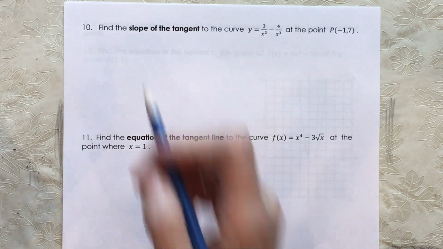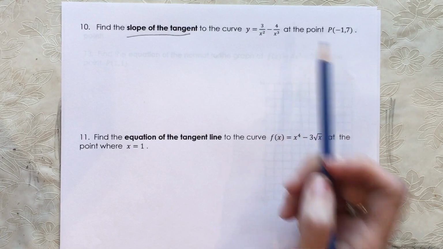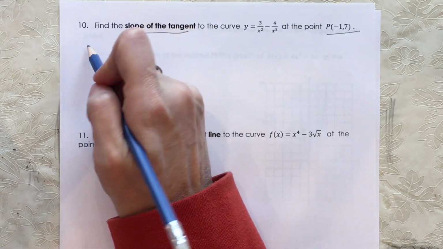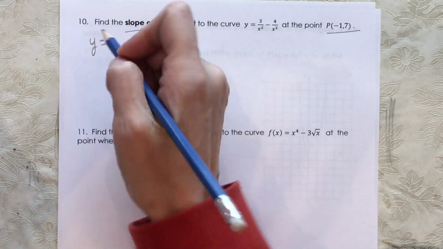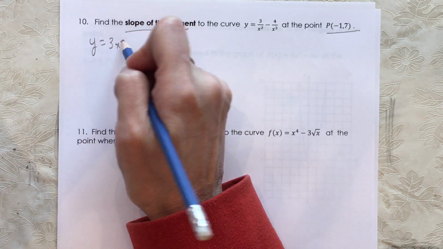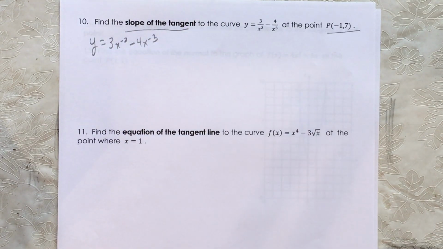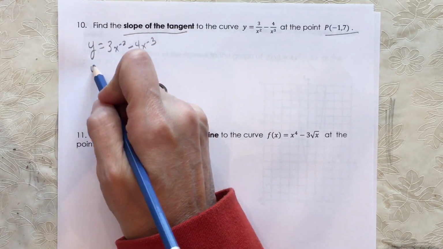Find the slope of the tangent, so just the slope, that's nice, of the tangent to that curve at this point. So again, this time though, I would actually change how y is written before I find the derivative. So I would write it as y equals 3x to the negative 2 minus 4x to the negative 3. And now I can find y prime.